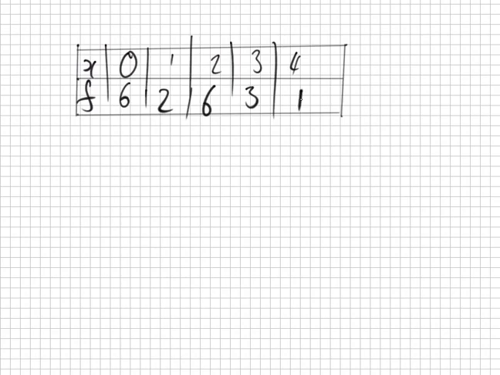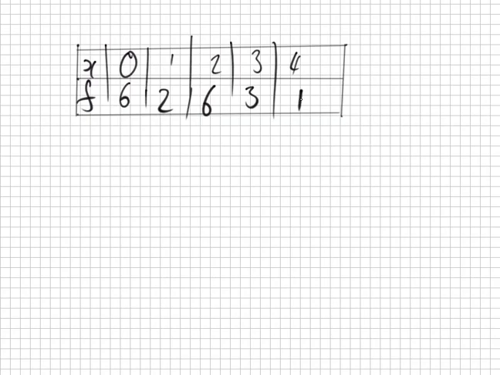How do you calculate the mean here? Yeah, because if you think about it, you have the number 0 6 times. So it's like 0, 0, 0, 0, 0, 0. And you have the number 1 2 times. So it's like 0, 0, 0, 0, 0, 0, 1, 1, 2, 2, 2, 2, 2, 2, 3, 3, 3, 4. That's all your data.